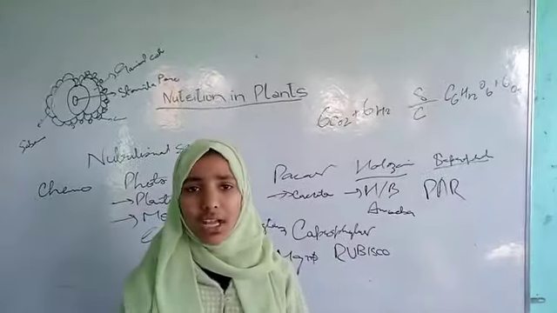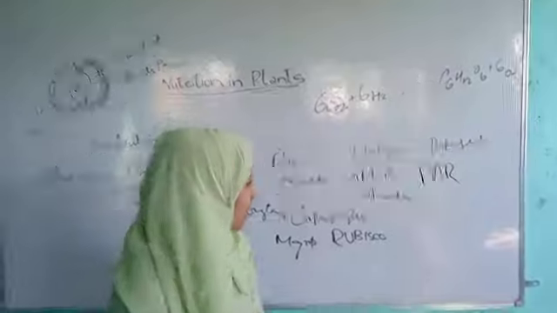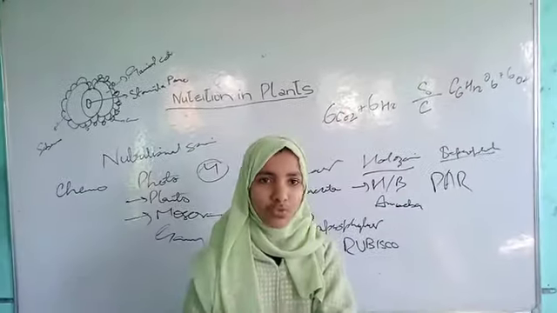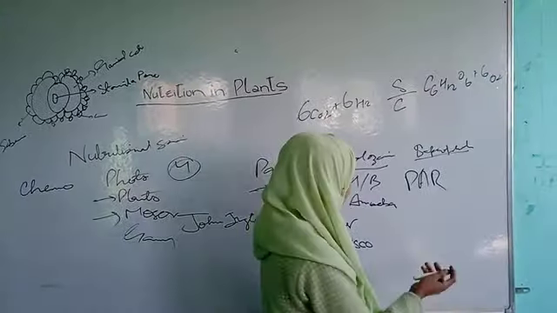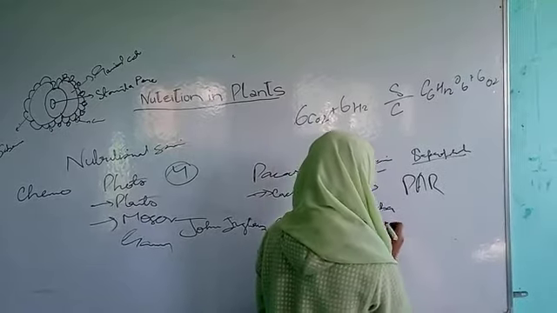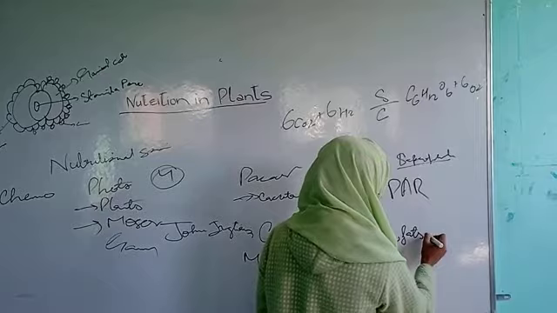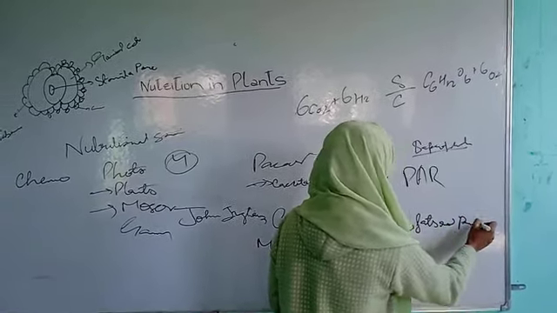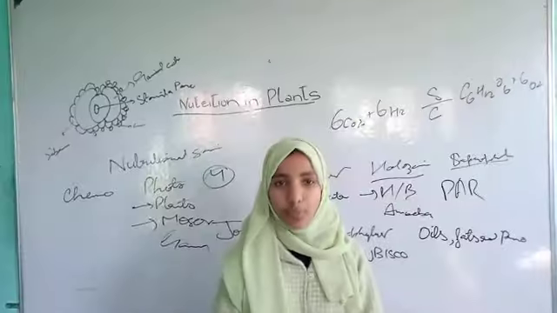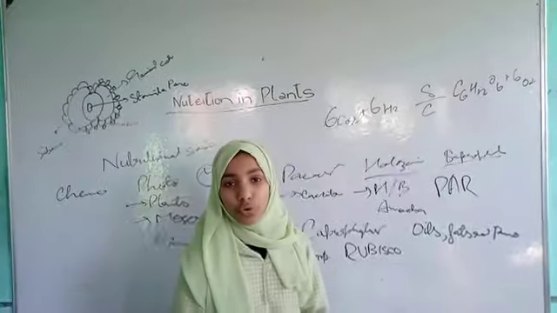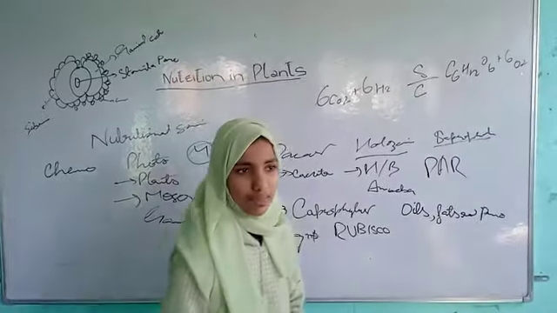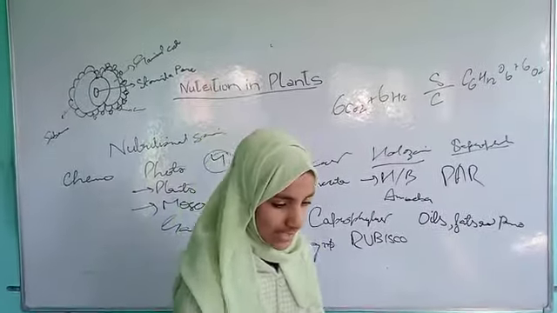And next, what do plants prepare? Plants prepare, apart from fruits and vegetables, oils, fats and proteins. Oils like mustard plant, coconut plant, cotton plant and soya bean, that is less saturated fatty acids.